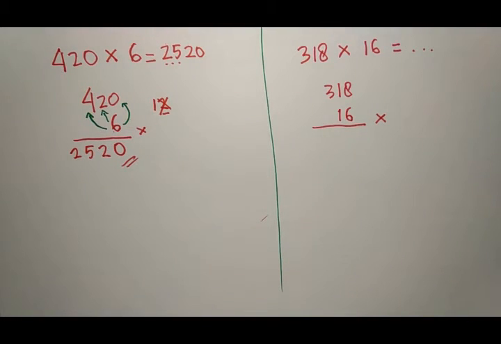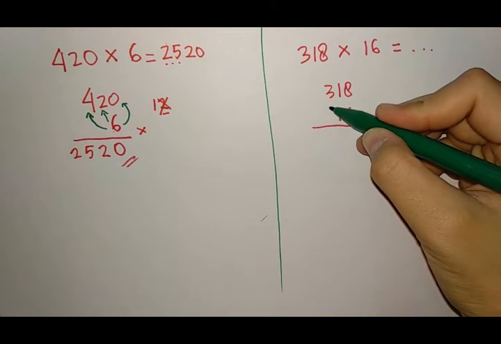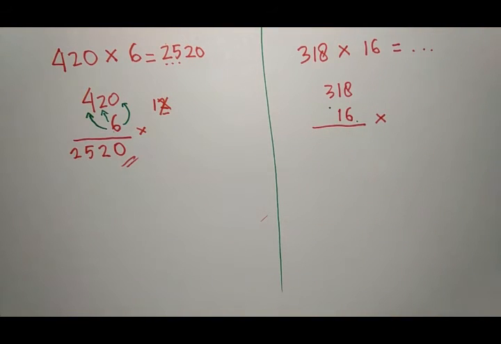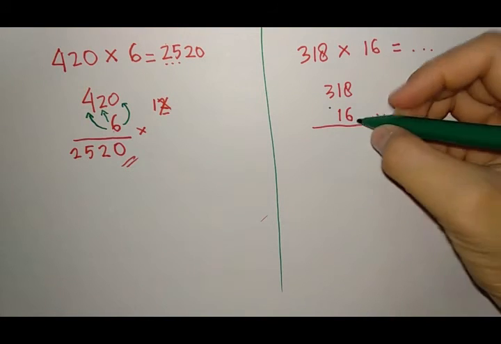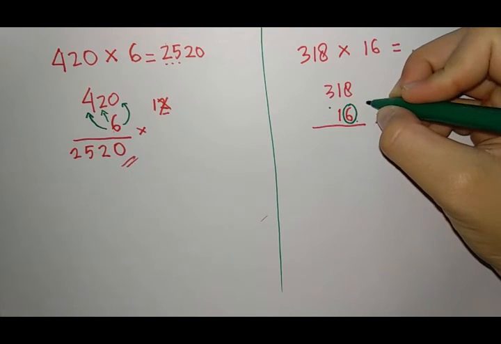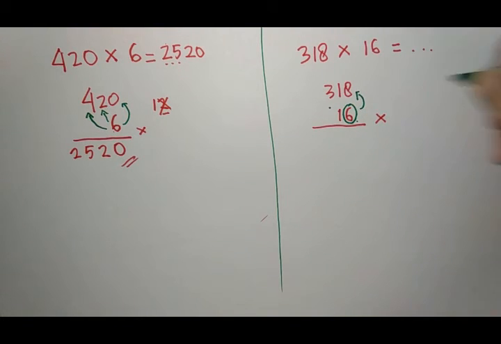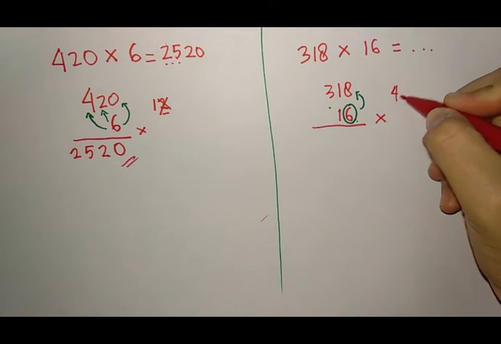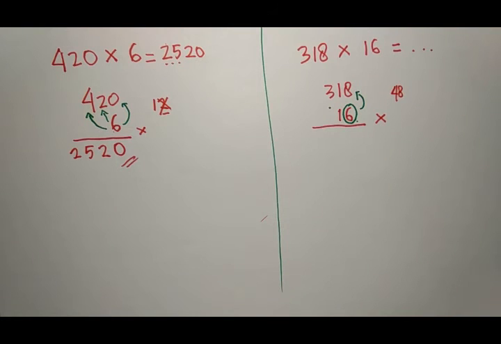First, don't forget, we have to focus on the bottom number, the 16. And first of all, we focus on the 6. 6 multiplied by 8 equals 48.